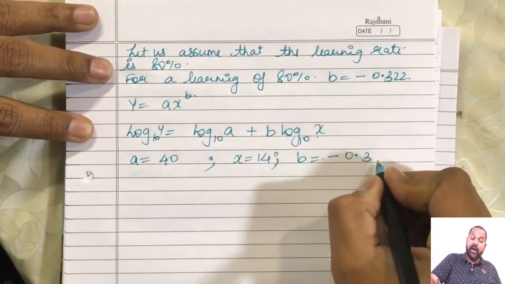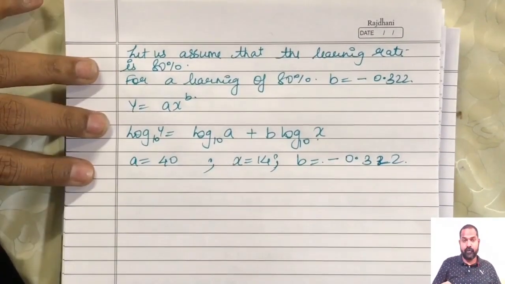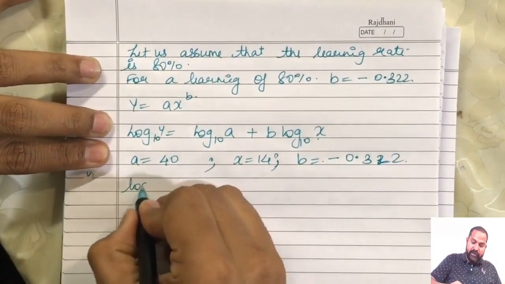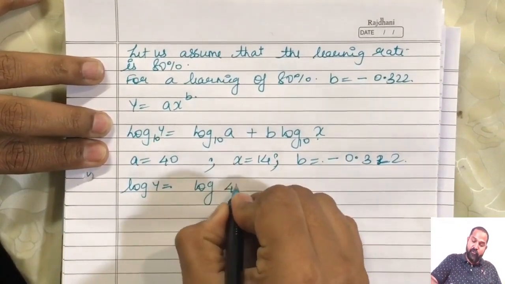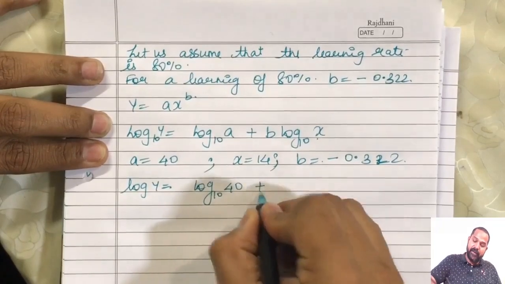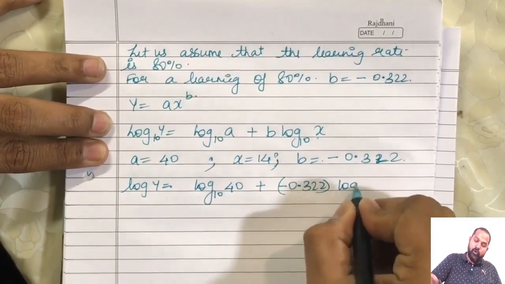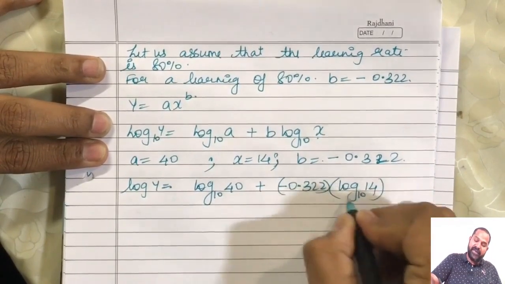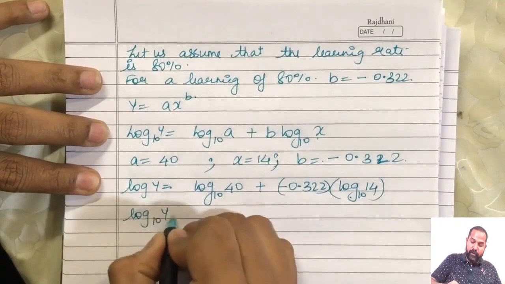So b is negative 0.322. So log of y is log of a, which is 40, to the base 10 plus b, which is minus 0.322, into log of x, which is 14, to the base 10.